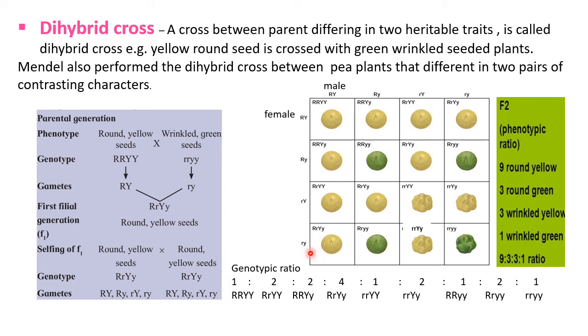Then the next genotype is capital R, small r, capital Y and small y in the ratio of 4.